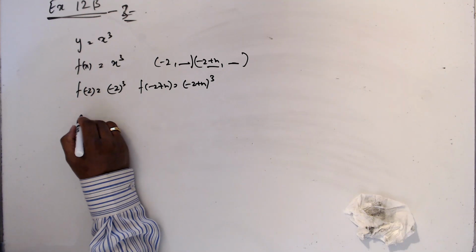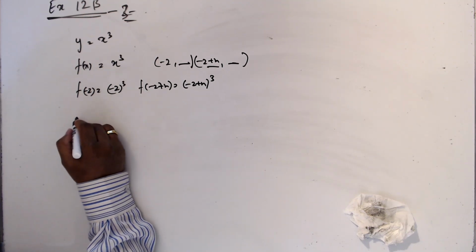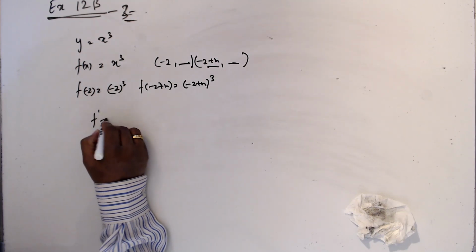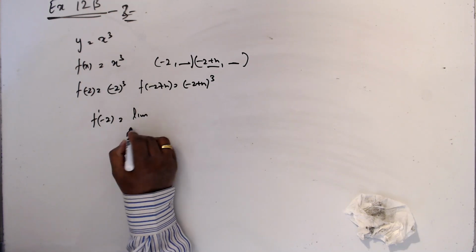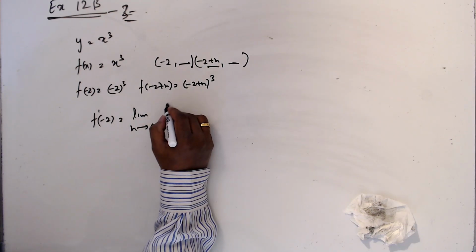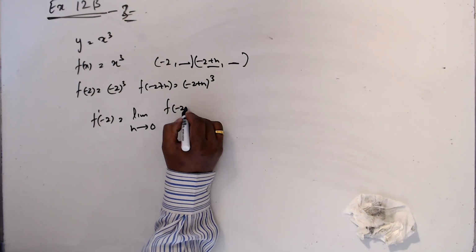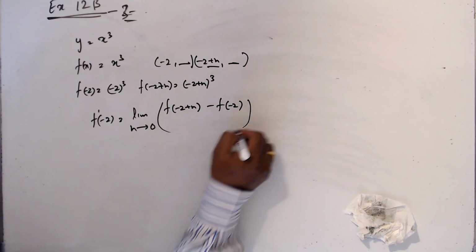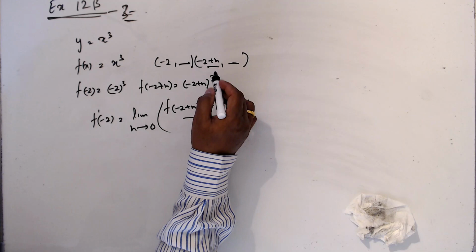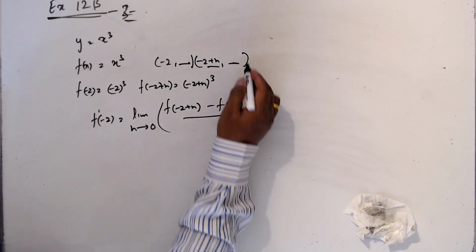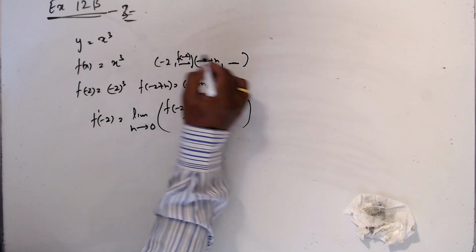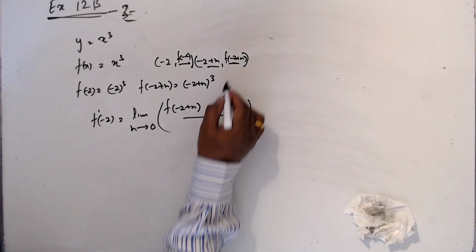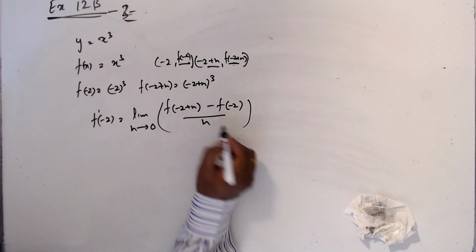Now f′(−2) equals the limit as h goes to 0 of [f(−2 + h) − f(−2)] over h. This is f(−2), and this is f(−2 + h), the y value, over h.